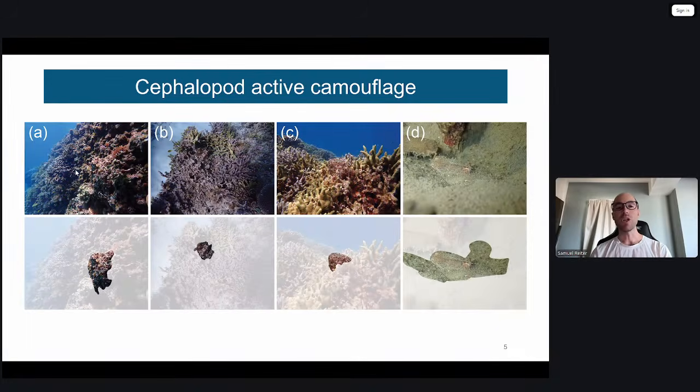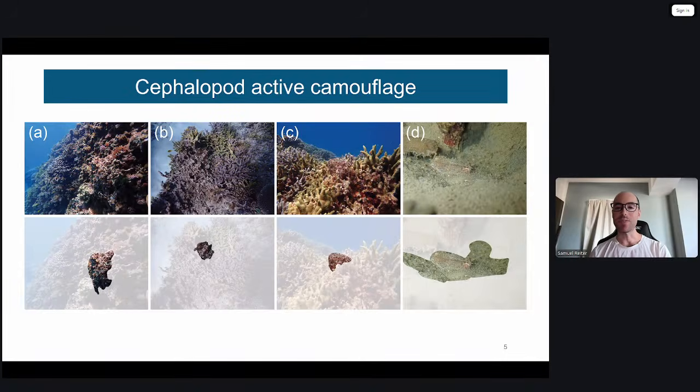And they're able to change their camouflage in so-called active camouflage, so change their skin pattern to match really precisely different environments underwater. Now, they can do this using their brains to control their skin patterns, and we'll describe how this works in a little while.